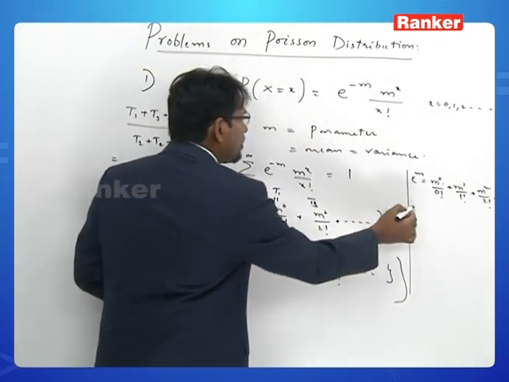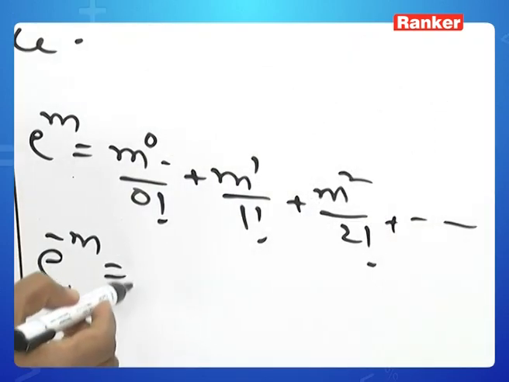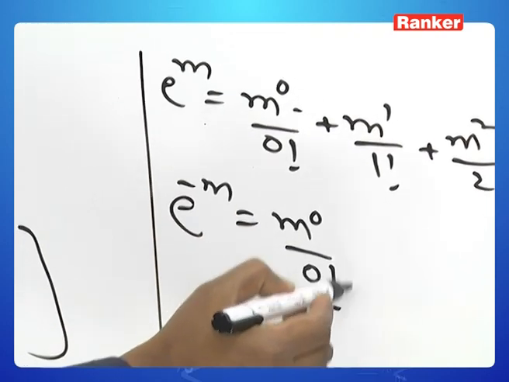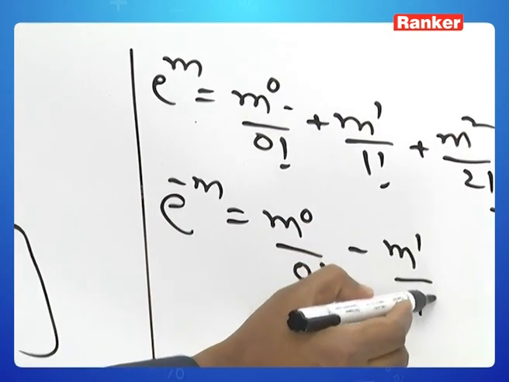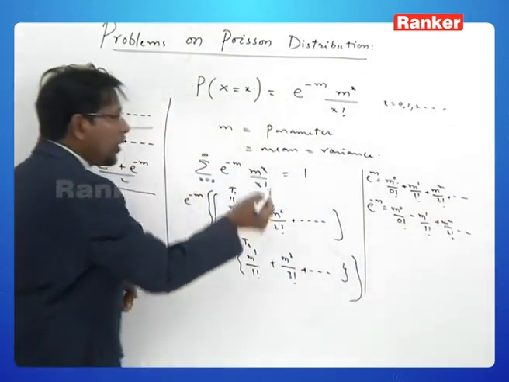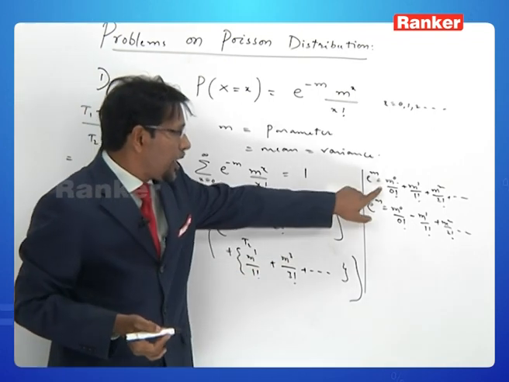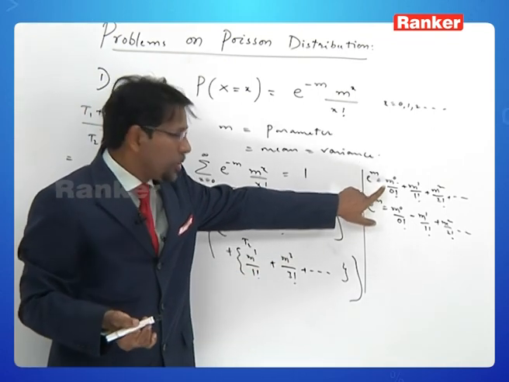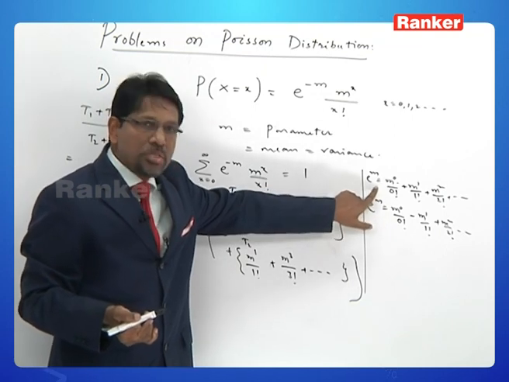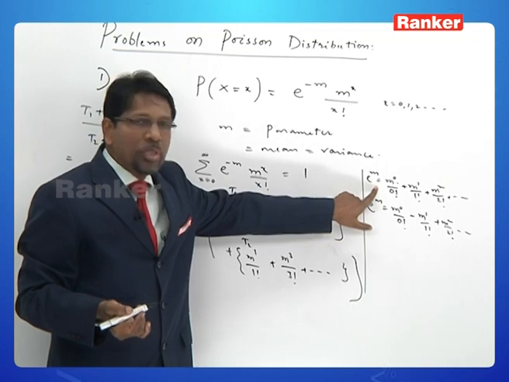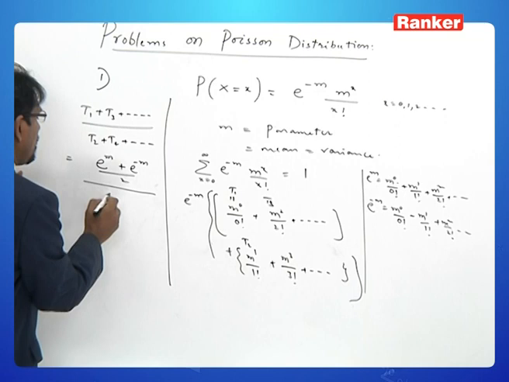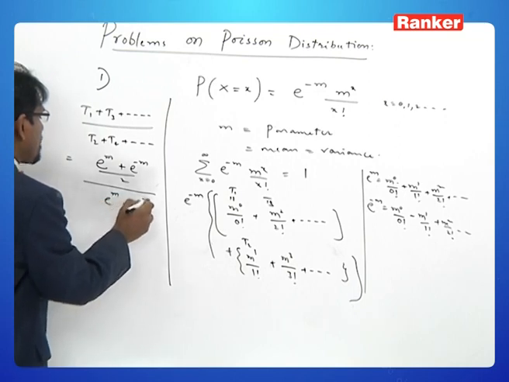E power minus m will have an alternating sign pattern. So, m power 0 by 0 factorial minus m power 1 by 1 factorial plus m power 2 by 2 factorial, so on and so forth. If you add these two, you will get double of the odd position terms. Whereas, if you subtract the second one from the first, you will get double of the even position terms. So, we have here e power m minus e power minus m by 2.